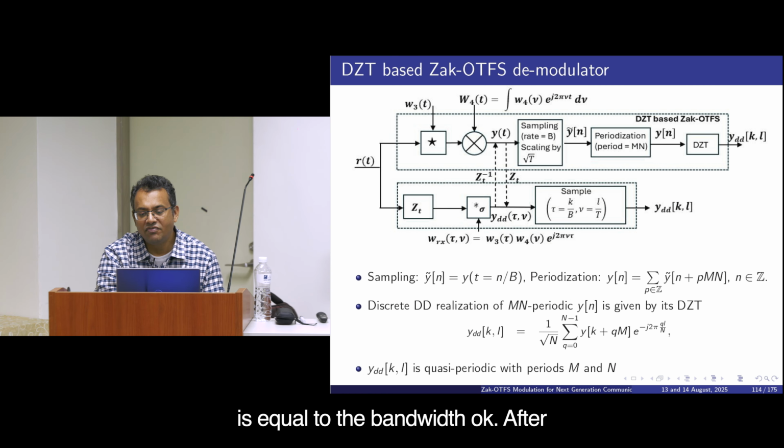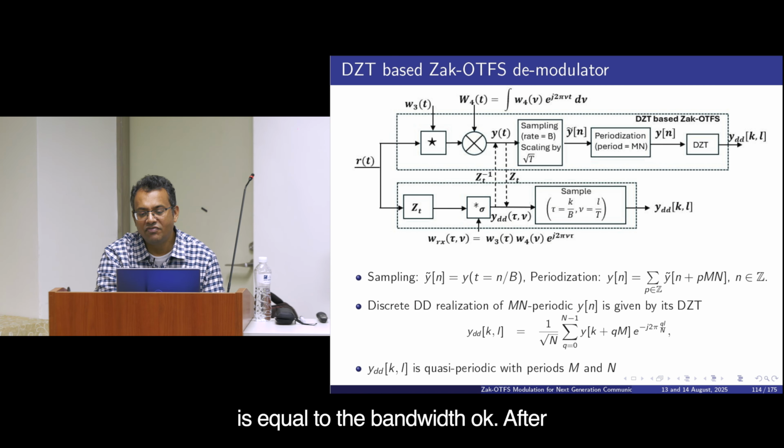The transmitter did a windowing, so the transmit signal is time limited, therefore the received signal is also time limited, and you are multiplying with a time window here anyway. So when you take the discrete time samples, they are also limited in time.